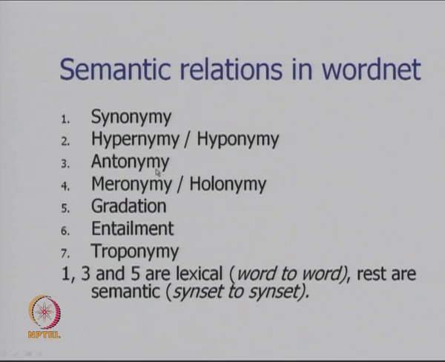Antonymy is opposition relationship. This is typically between words. Meronymy is part-of relationship. Gradation is an antonymy kind of relationship, but with graded meaning. Entailment is for verbs, troponymy is also for verbs.